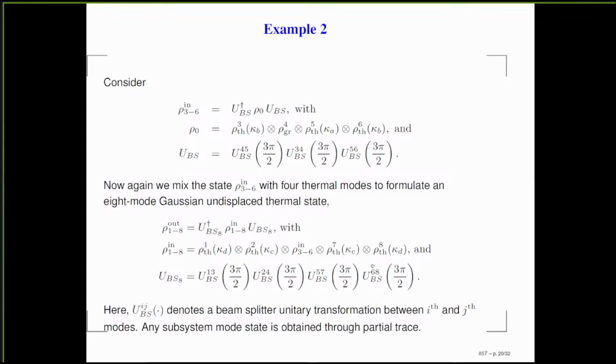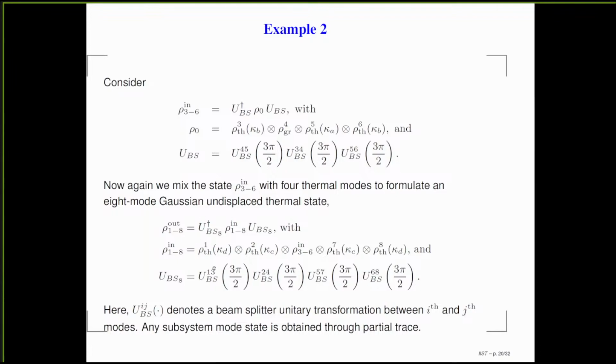Then again you append thermal states on this side and that side, and couple them again sequentially through several beam splitters, all 50-50. 3 pi by 2 and pi by 2 simply mean that they are 50-50 beam splitters, cos theta equal to 1 by root 2, and so on. Basically, you get an 8-mode state, and the idea is to see how to put this correlated 8-mode state to use for the illumination problem.